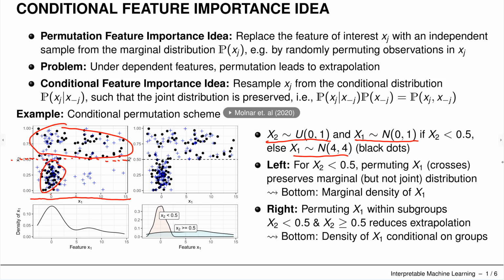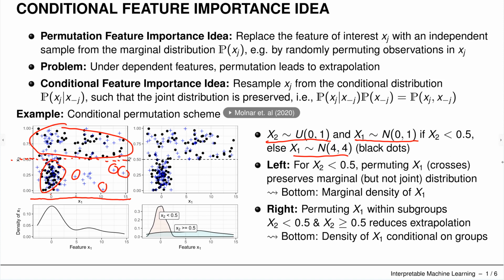So this will lead also to values at the bottom here, so the blue crosses are the permuted data, even when the original data didn't have any data points here. So the original joint distribution is 0 down here, but by the marginal sampling, we get data points down here.